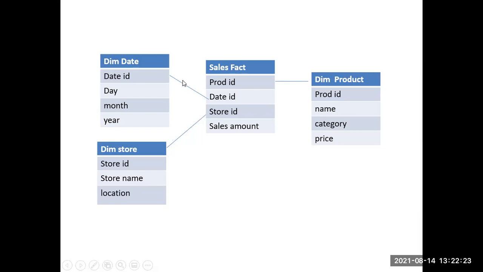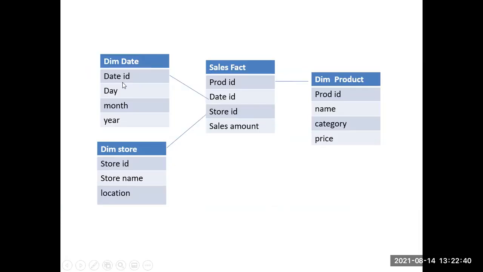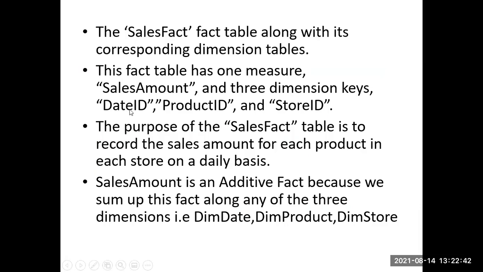Let me tell you, there is no more description here since we discussed it in the last class; I'm just giving a glance. From the previous diagram, here is the description: the sales fact table along with its corresponding dimension tables. This fact table has one measure, called the sales amount, and 3 dimension keys: date ID, product ID, and store ID.